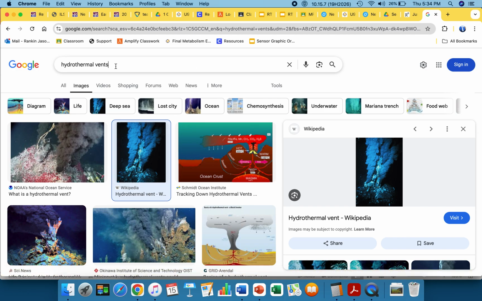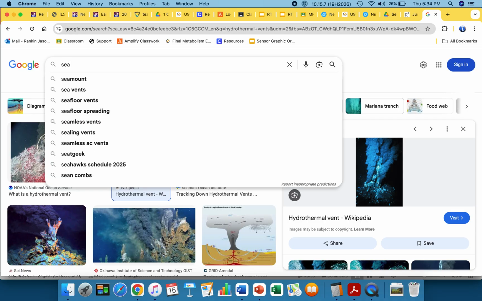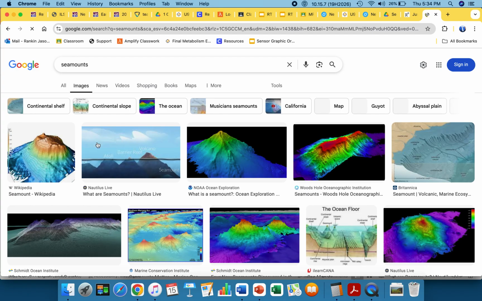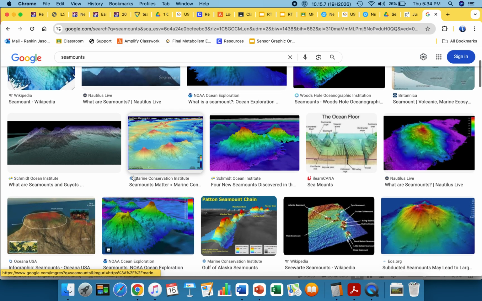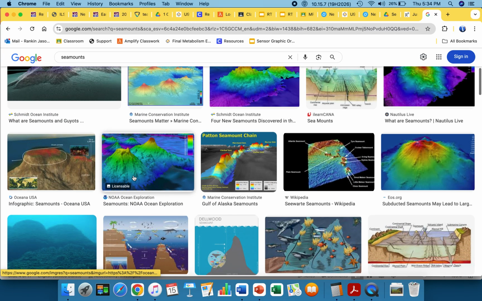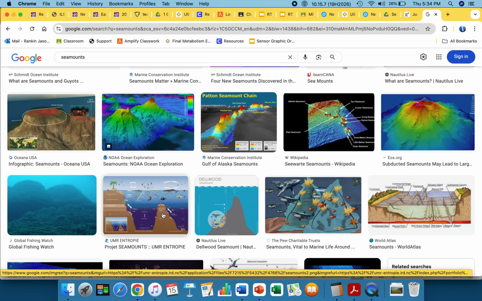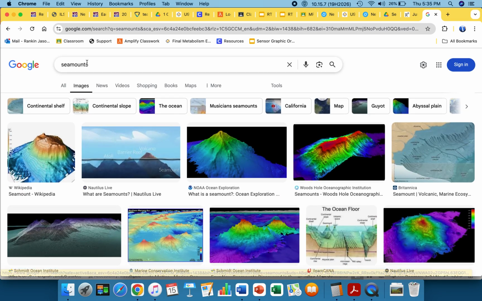And then we have seamounts. Seamounts are underwater mountains that are volcanically active. They're underwater. We have a whole bunch of seamounts.